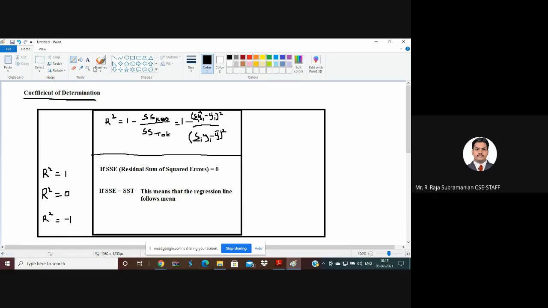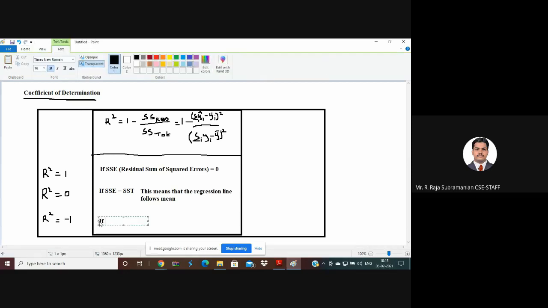Let us see, right? So when will this happen? If SSE is greater than SST. If SSE is greater than SST, surely a higher value divided by a lower value will give me 1 point something in this fraction. 1 minus 1 point something will give me a negative value, right? So that negative value may be like this, right?